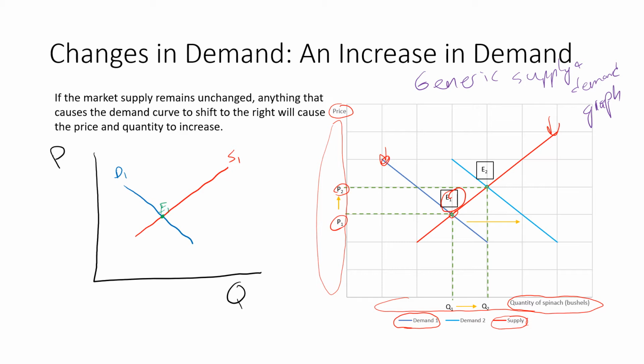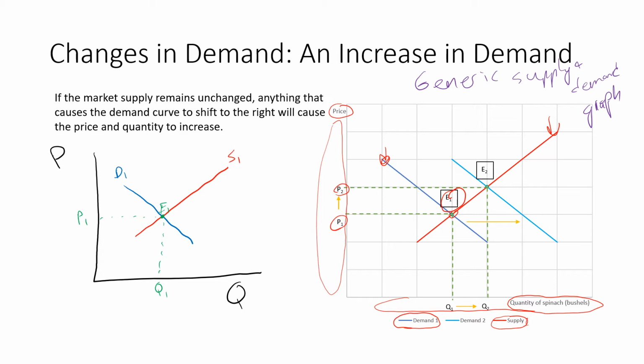Then I can draw a dotted line down to my quantity axis, and this is going to be quantity 1, and one over to our price axis, and that's going to be price 1. Then I can draw a secondary demand.